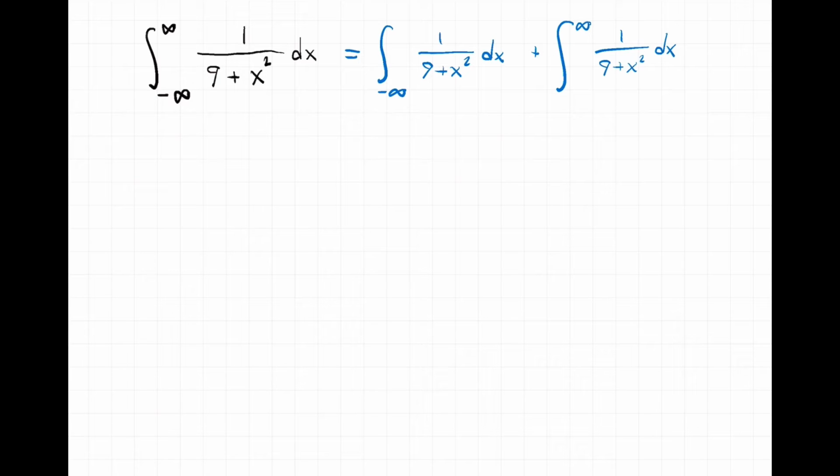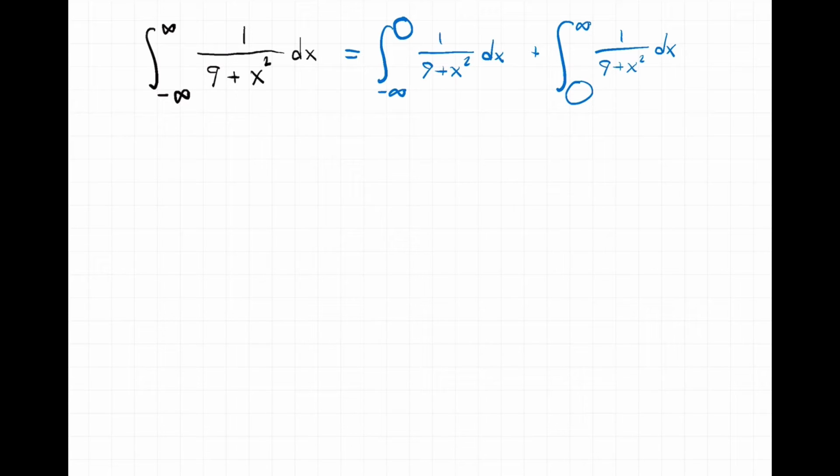We know it's continuous everywhere, which means you can always break up the interval on which it's integrated into several pieces, as long as those pieces have corresponding matching endpoints. So we could put any number we want to go here, as long as we pick the same number to go as a lower bound here.